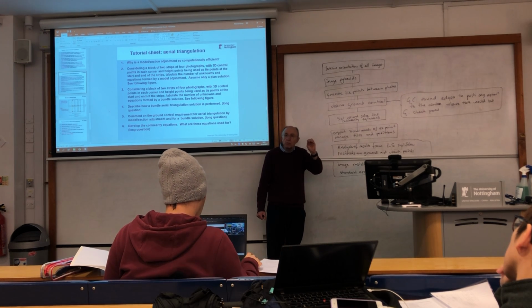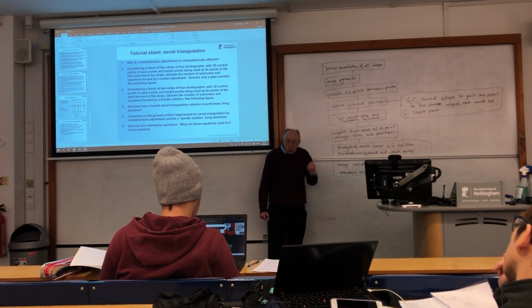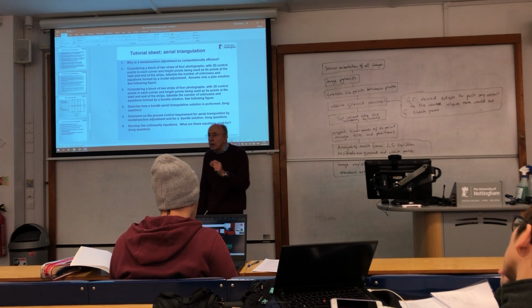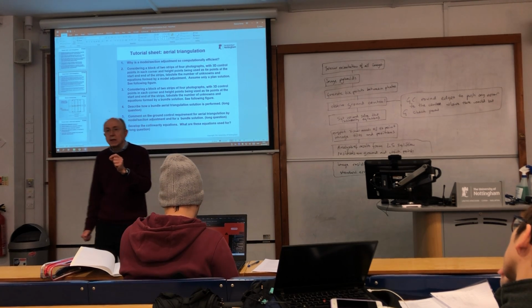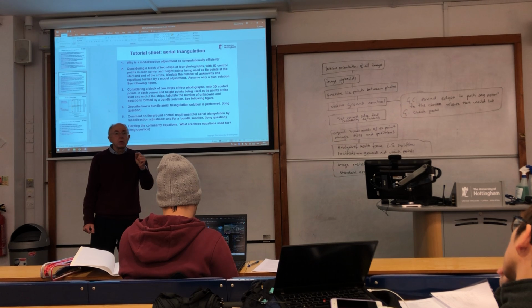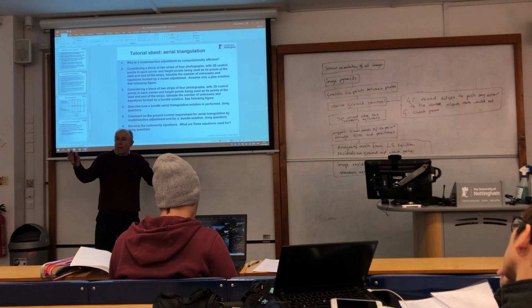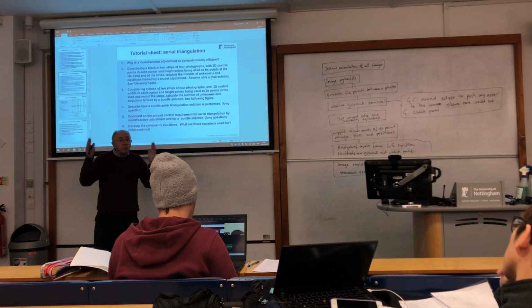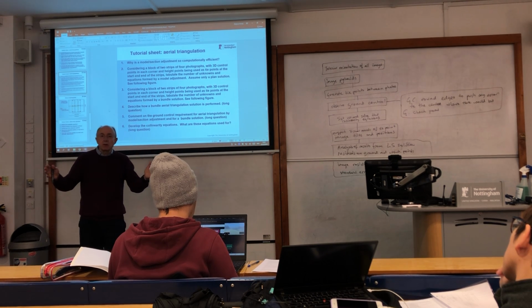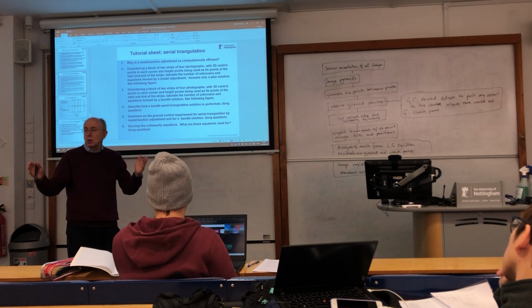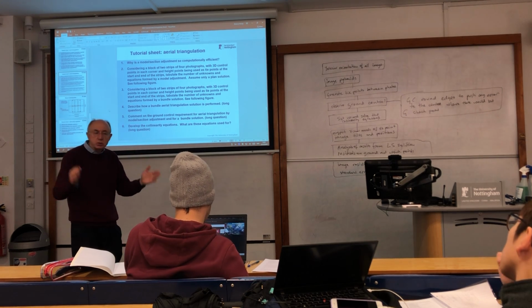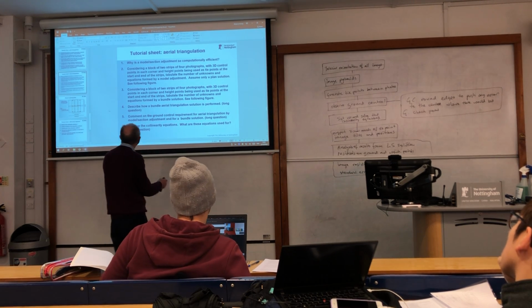How do you know you've met the specification? How do you know your results are good enough? Remember, at that aerial triangulation stage, we spoke about the fact that that's your first point in a mapping using photogrammetry when you have some quality check on the sort of results you're going to get.